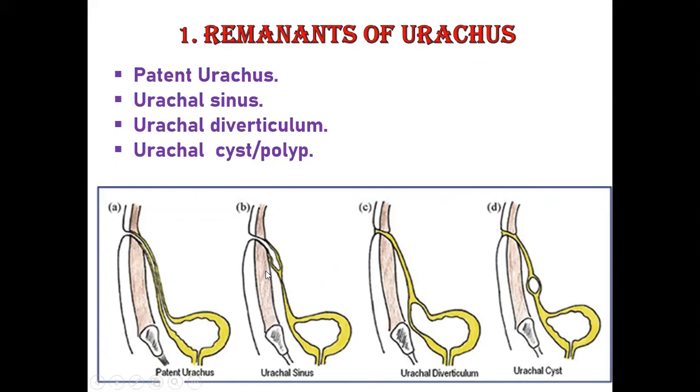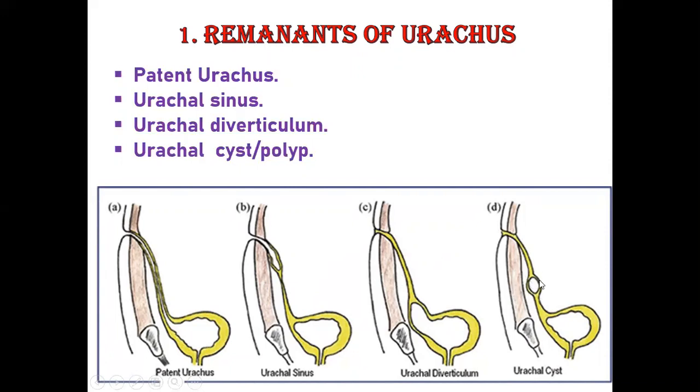There can be a case where only the distal part, the part towards the skin or the umbilicus, is patent, and it is called a urachal sinus. Or there can be an extension of the bladder into the urachus, called a diverticulum. Or somewhere in the urachus there can be dilatation and formation of a cyst or polyp, leading to collection of fluid lined by epithelium.